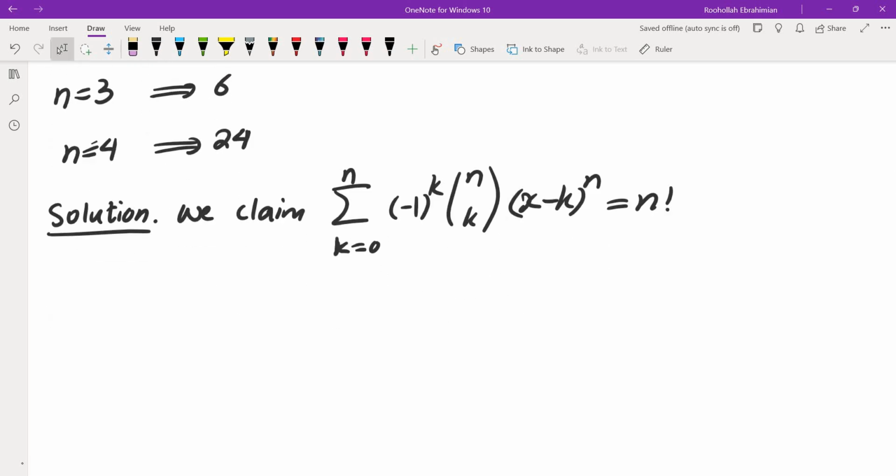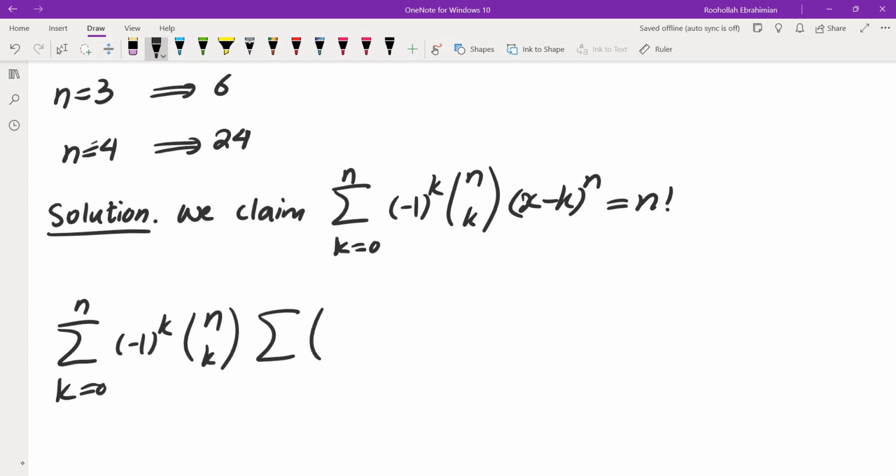So here's what we're going to do. We're going to expand the binomial, so we get the sum k equals 0 to n, negative 1 to the power of k, n choose k, times the sum of n choose j, x to the power of j, negative k to the power of n minus j, where j goes from 0 to n.